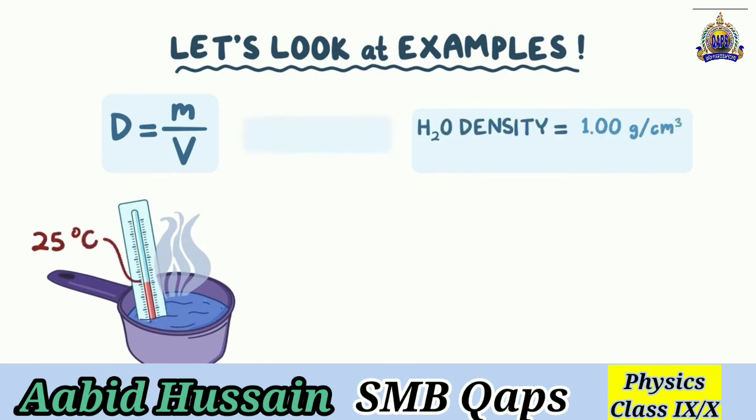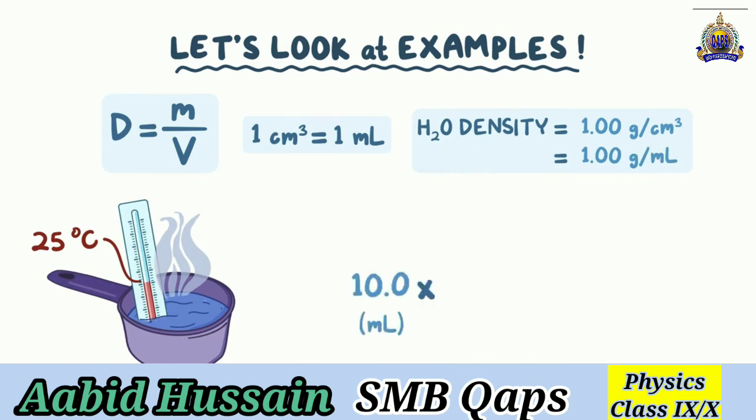Like for H2O, the density of H2O is 1.00 gram per centimeter cubed. 1 centimeter cubed is equal to 1 ml. So according to it, our value will be 1.00 gram per milliliter.